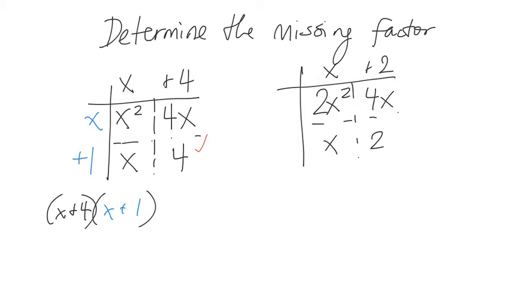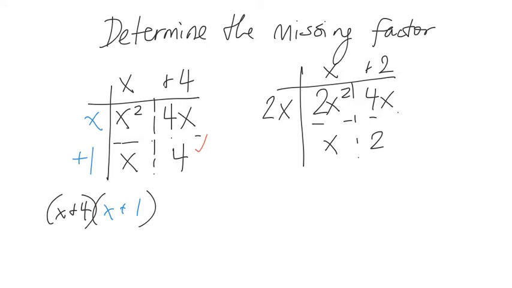I'm going to go through the exact same procedure. x times something gives me 2x squared. Part of that something has to be x, because x times x gives me x squared. So I've taken care of that part. But how do I take care of the 2? Well, I need to have a 2 out front, so that part has to be 2x.